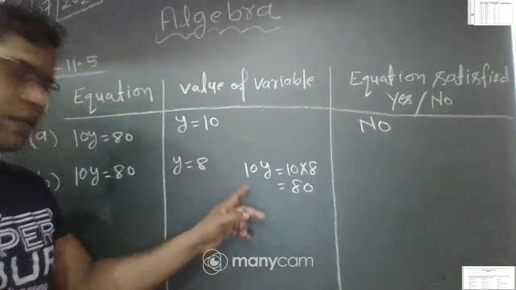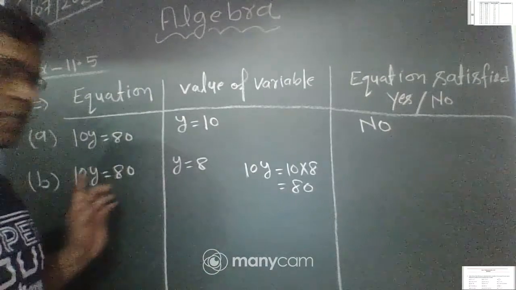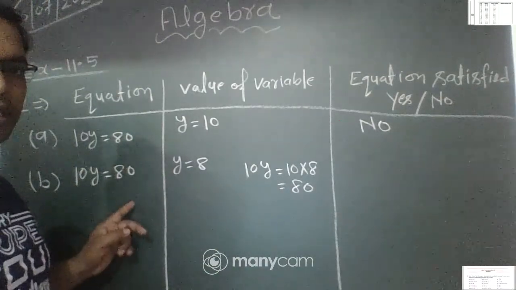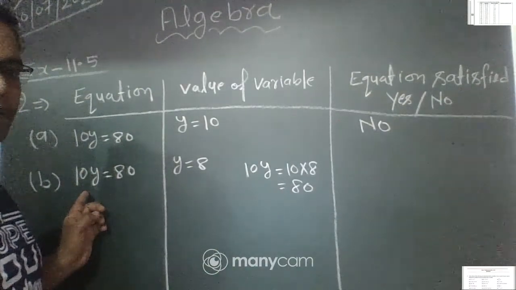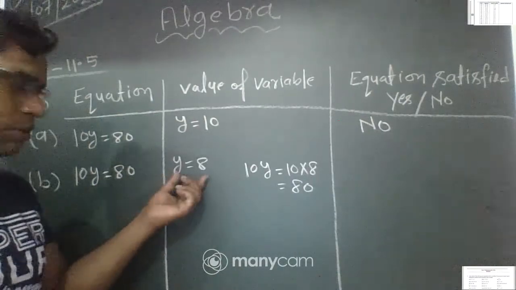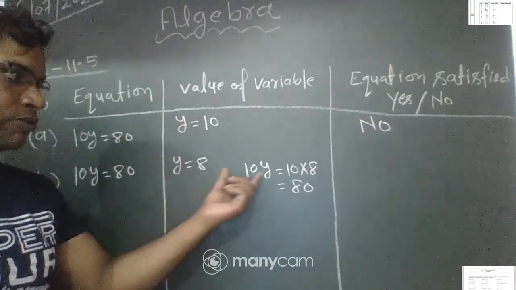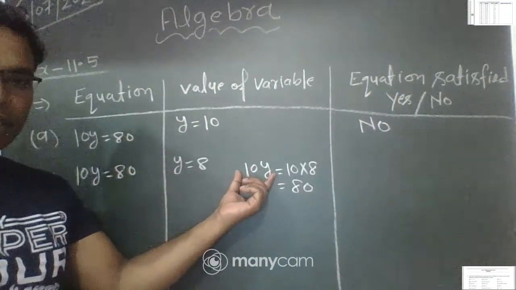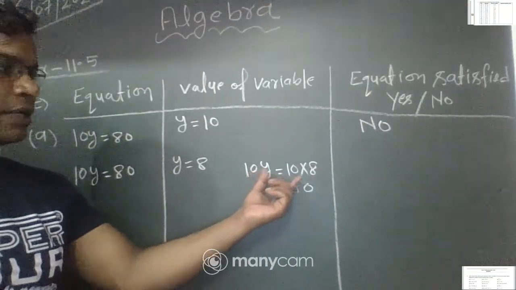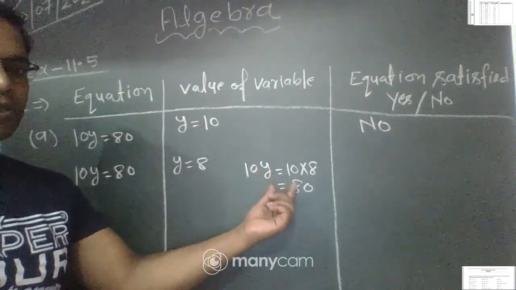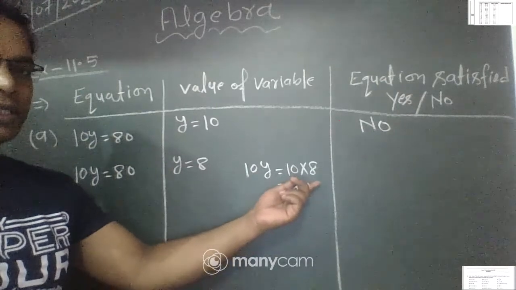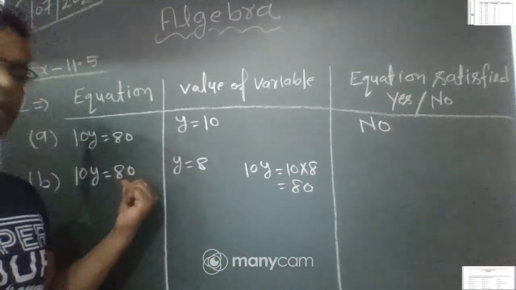Okay, so here we put this is left hand side 10y is equal to 80. So left hand side, what is here? 10y and the value of y is given 8. So we put here in left hand side 10y is equal to 10 into 8. The value of y is 8. So 10 into 8 is equal to 80. This is the left hand side is equal to this right hand side.